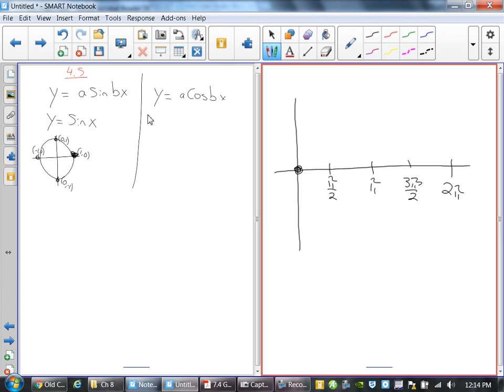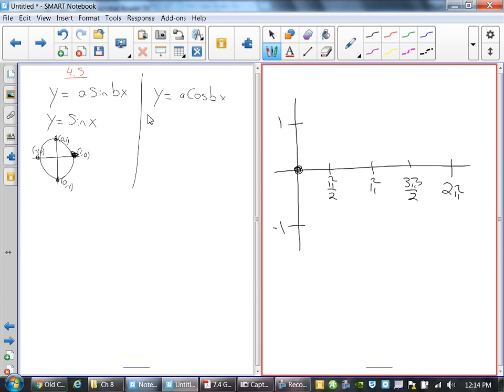What is as large as sine grows? What's the biggest value? Yeah, and what's the smallest? -1. We call this the amplitude. The highest value can be is 1. The lowest value can be is -1 because our A value in this case is 1.